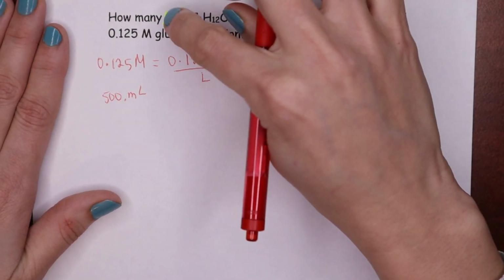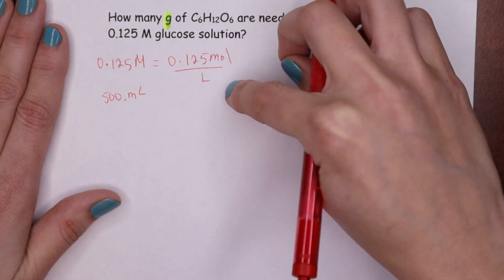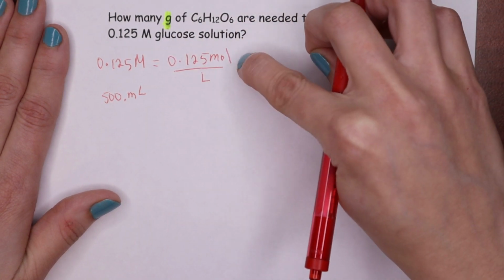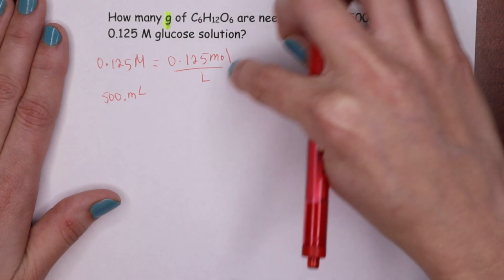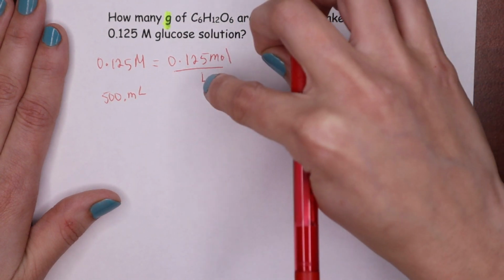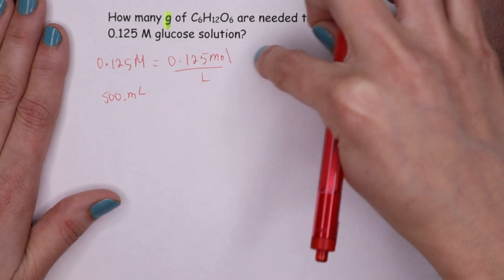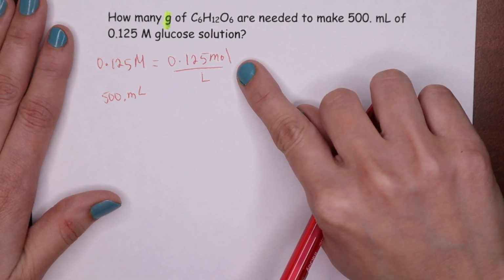So again, we want to end up with grams, and we have these units right here in place. So looking over here, we can see moles, and we know how to go from moles to grams. However, this is not just moles, right? This is moles over liters. So we will have to find a way to get rid of these liters so that we can come out with moles.